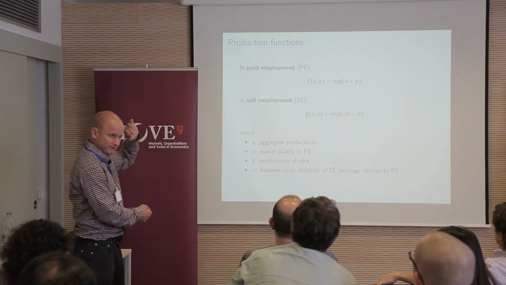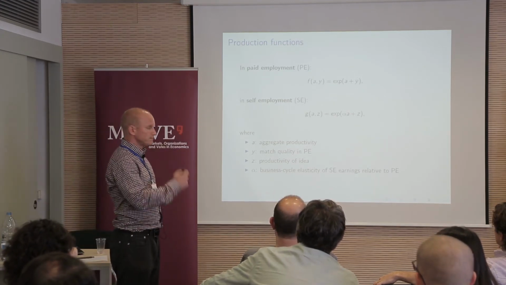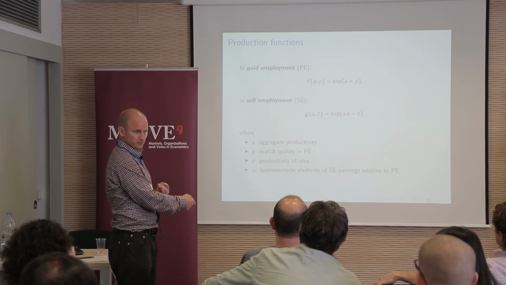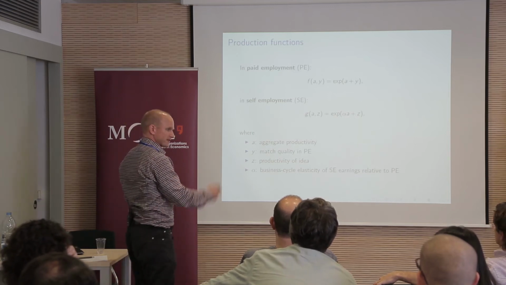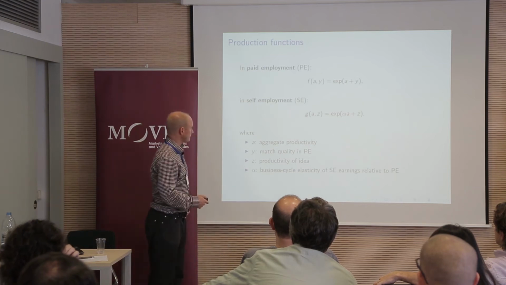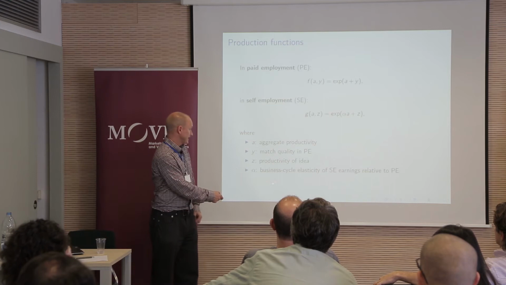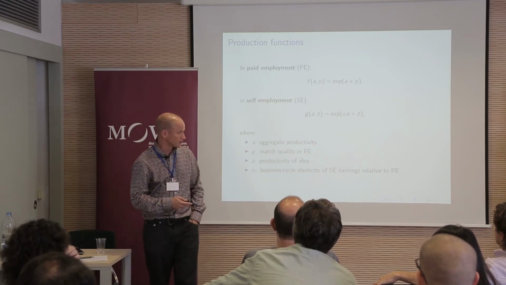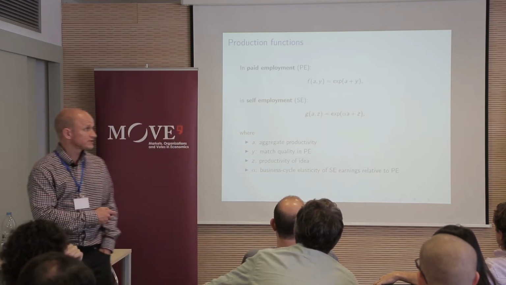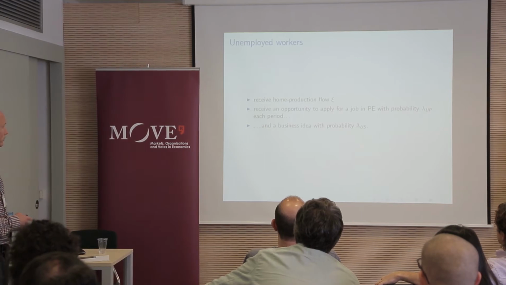And that's what I told you, to have the pull force in the booms, I need that greater than 1. So they have to be more reactive to the cycle and worse insured in that way. A is aggregate productivity, y match, and that's the business cycle elasticity of SE earnings as a proportion to paid employment.